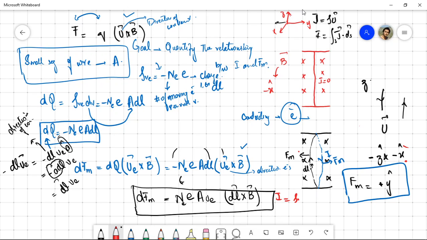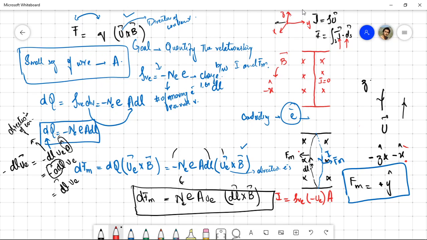rho_e, the charge density, times minus u_e, that is the direction, and we have put the value of J as rho_e times u_e, and now we need to put the value of dS, that is the total area.